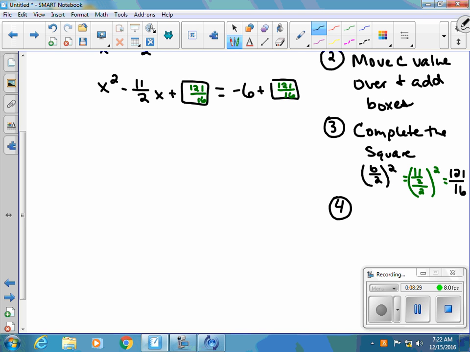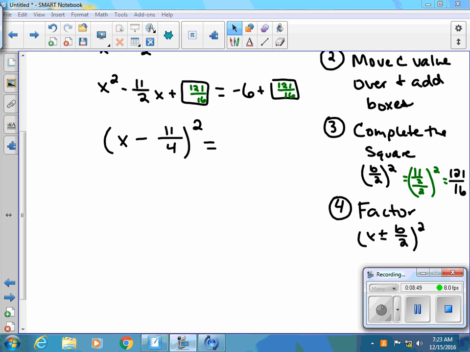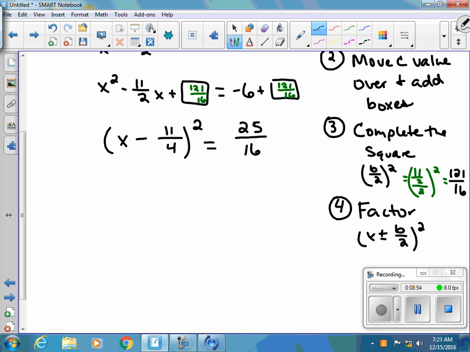Step 4, factor. So we've got the x plus or minus b over 2 squared. So in our case, we have an x, it's a minus, so we go with the minus here. It's going to be 11 over 4 squared, and that's going to equal 25 over 16.